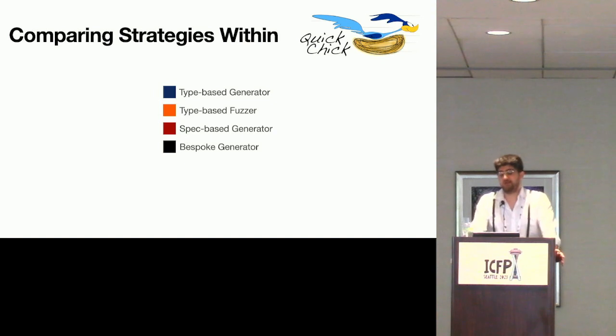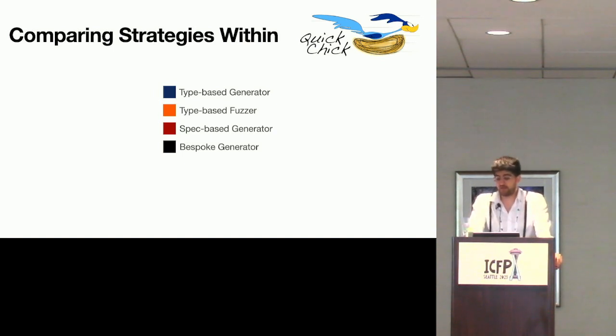So now let's look at our second experiment, that is comparing different strategies within QuickChick and Coq. Here we have four different generators, all written in QuickChick. The first one is a type-based generator, similar to the Haskell one.